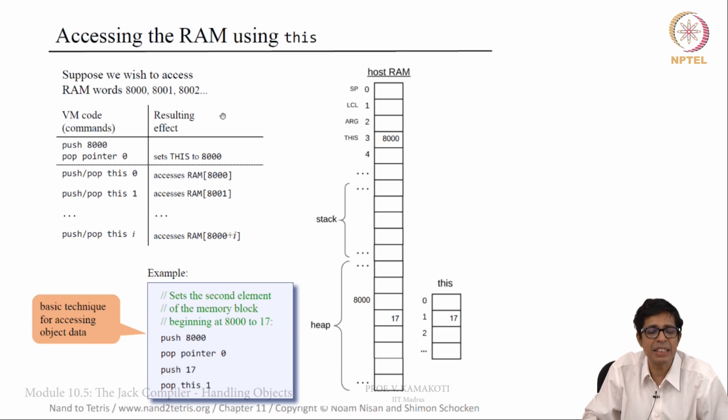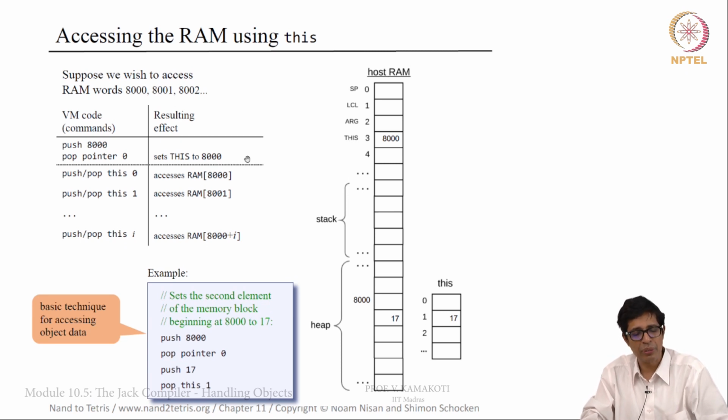The other thing is that if I want to access RAM, or if I want to access the keyboard or whatever, that we have already seen: push 8000, pop pointer 0. So now this will have 8000, and now I say push 17, then pop this 1. So, in 8001, 17 will go. Look at this code: push 8000, pop pointer 0.